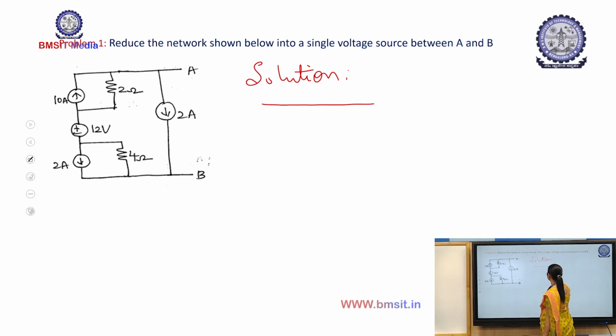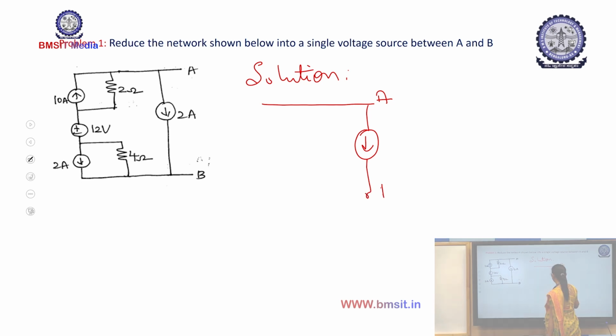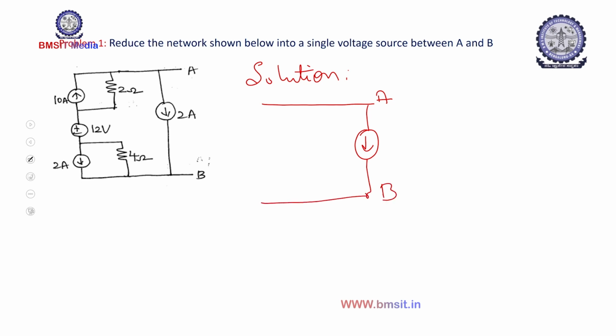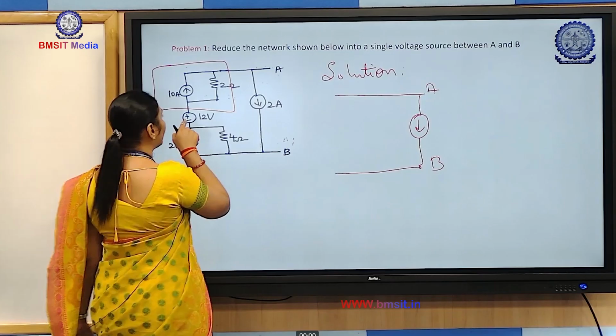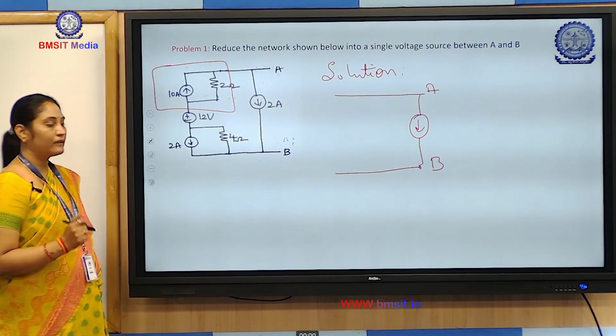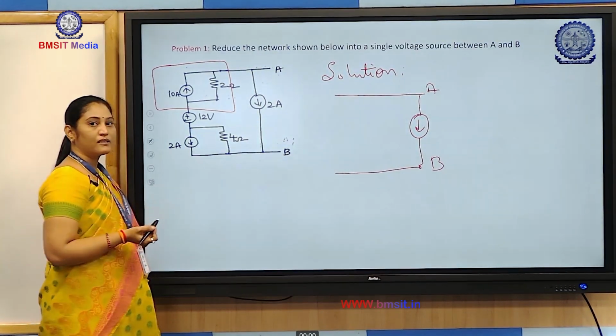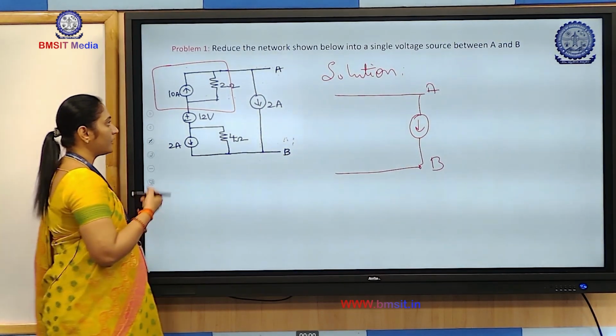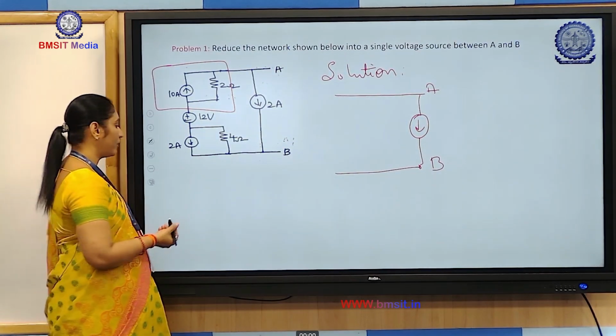Terminal A is connected with the current source, and here you can see that when you look at only this section of the network, it is a practical current source. How do we transform it into a practical voltage source?